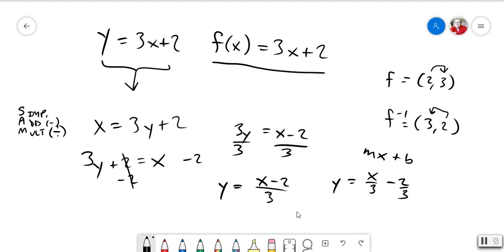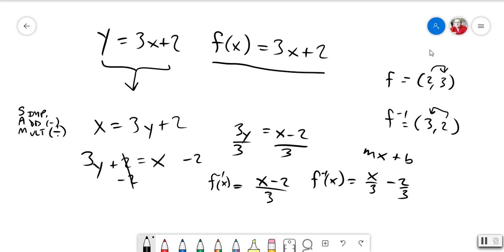Either one of these is fine. And of course, once you've got that, you're just going to replace y, whichever way you prefer to put it, with the inverse function, f inverse of x. That's all you're doing on these, that's all.